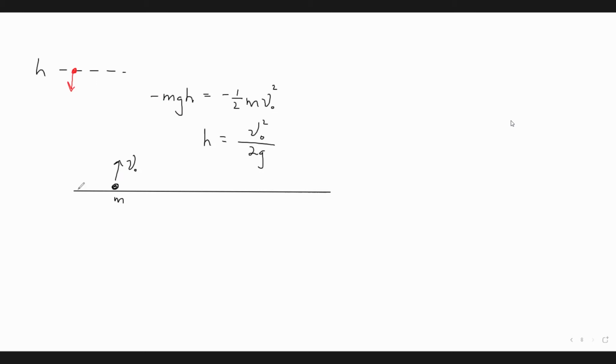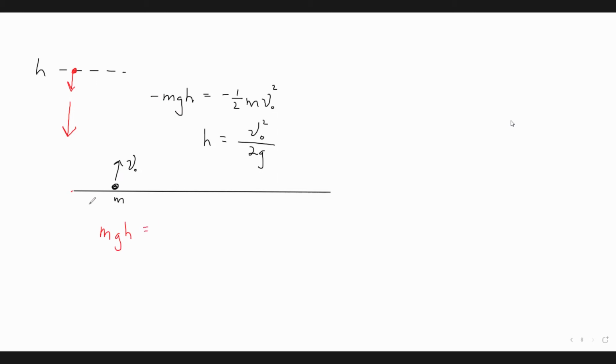How fast is it going just before it hits the ground? Well, the total work done by gravity is mgh. Why is it positive? Because the force acts downward and the motion is downward. That equals the change in kinetic energy.